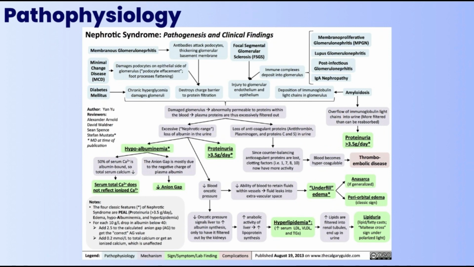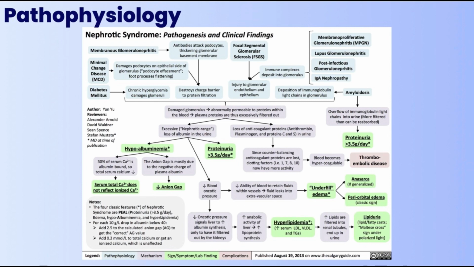Second, minimal change disease, which also damages the podocytes on the epithelial side of the glomerulus in a process called podocyte effacement, or the flattening of the foot processes of the podocytes. This also destroys the charge barrier to protein filtration.